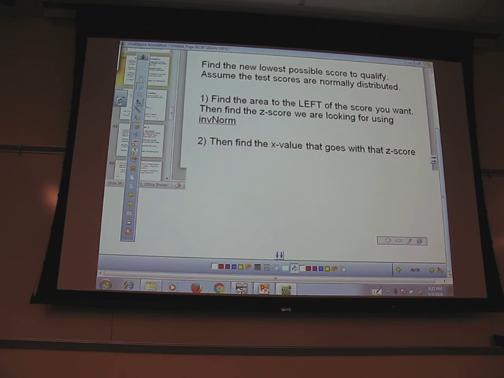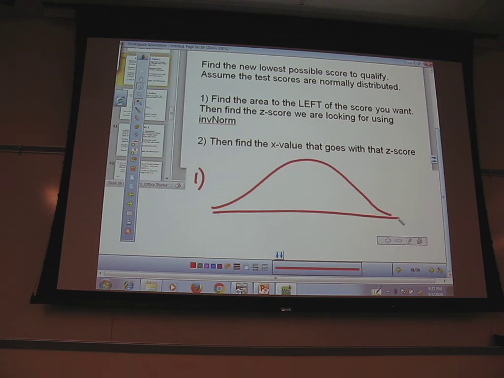So we're going to do those first two steps. So first, find the area to the left of the score you want. My score is in the top 10%, which means that this is 90%. So I'm going to do inverse norm of 0.90. I'm going to get 1.28.